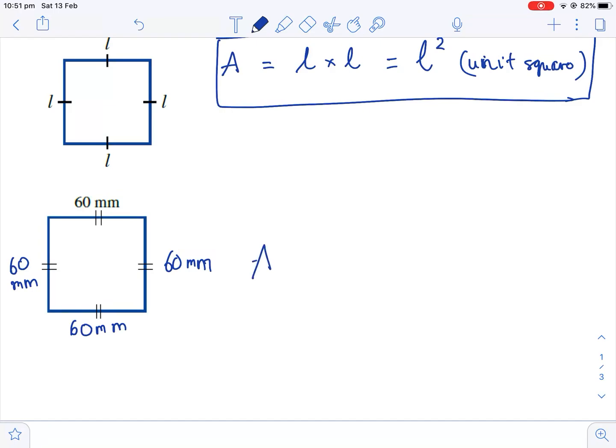So you know the area equals length times length, or length squared. So it equals 60 times 60, which is 3600. And the unit has to be the same, millimeters, so it is now going to be millimeters squared. All right, so this is our example.